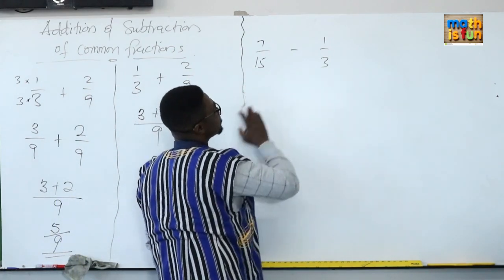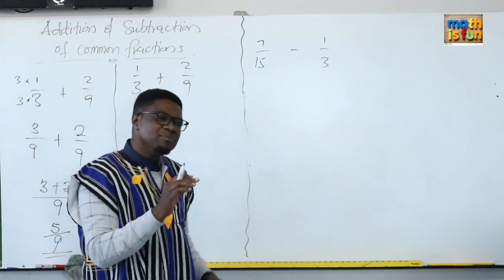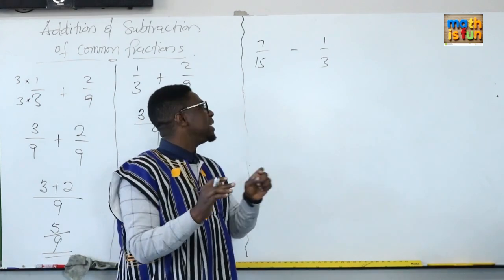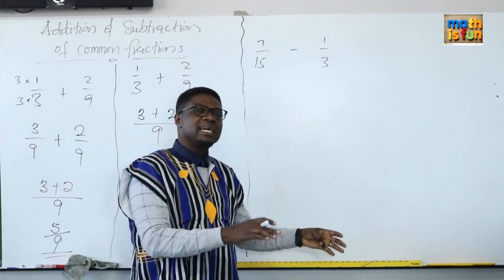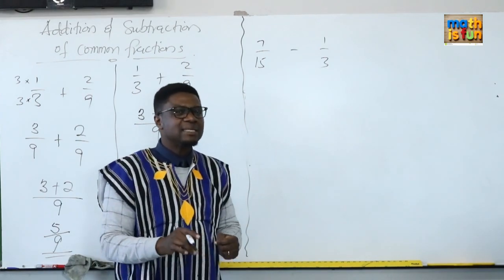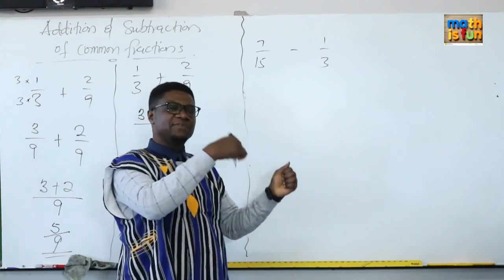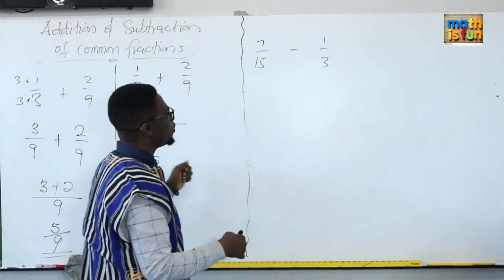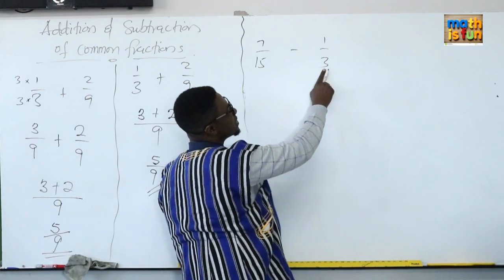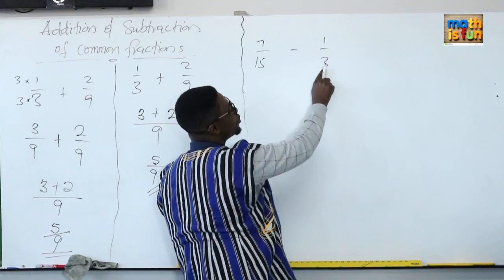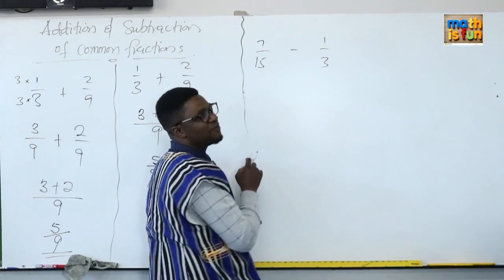15 and 3. I see that 3 multiplied by a particular number gives me 15. Or basically 3 is a factor of 15, meaning that 3 can divide 15. So we go through the first method and ask which number will multiply 3 for me to get 15?